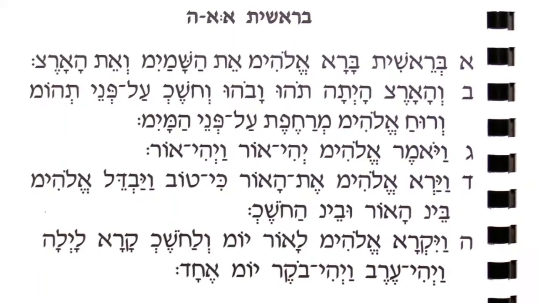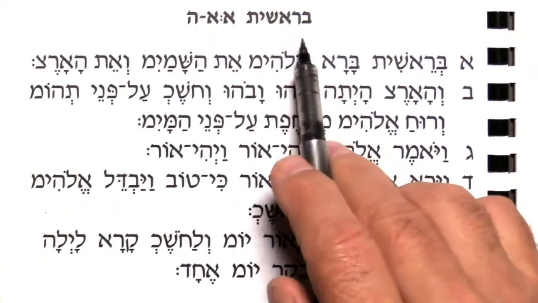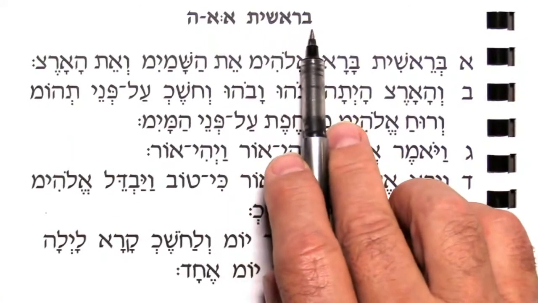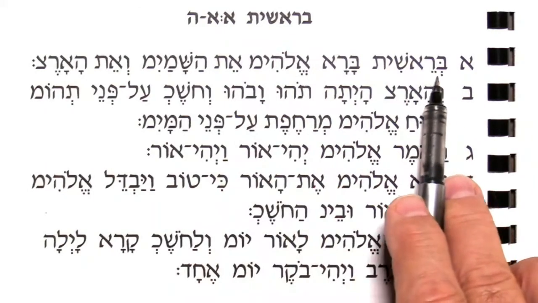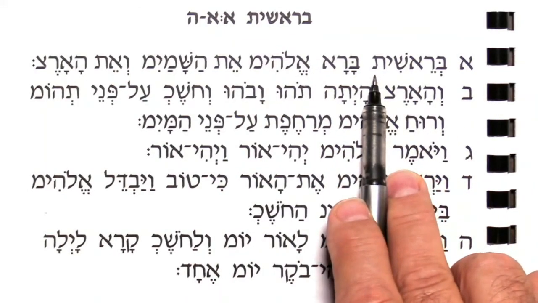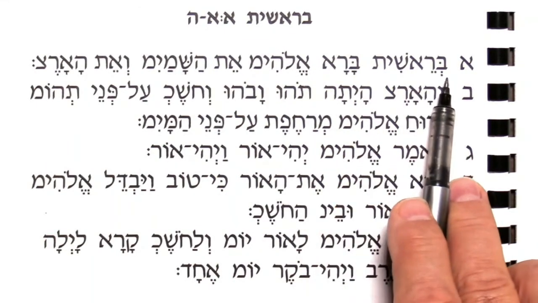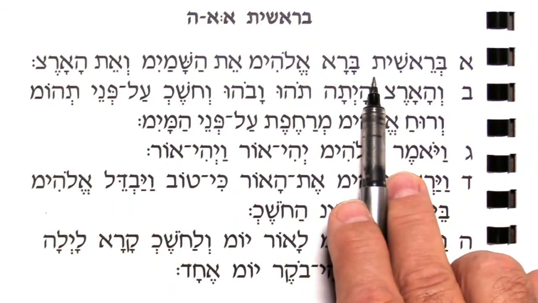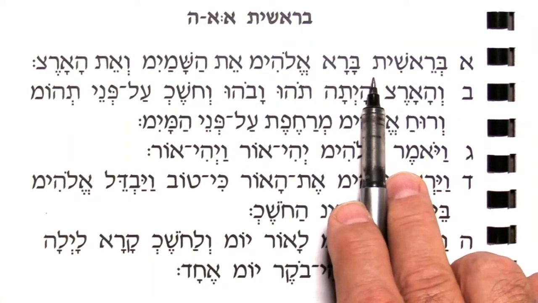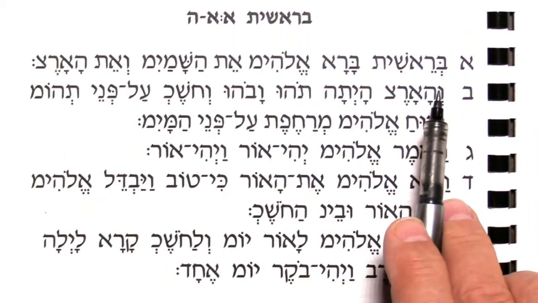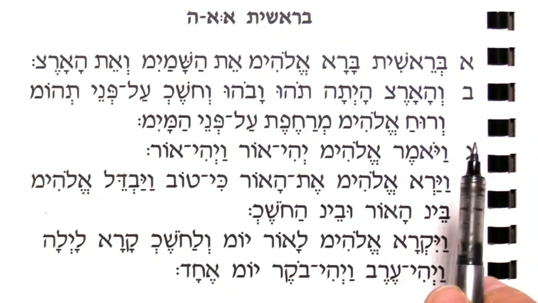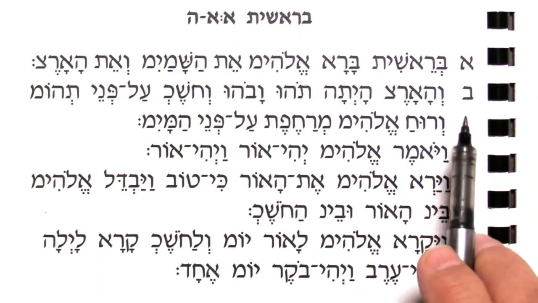But let me explain a few things. First, here in boldface you have the word Bereshit. Bereshit is the first word of Genesis. And in the Torah, the names of the books of the Torah are not Genesis, Exodus, Leviticus, Numbers, and Deuteronomy. The names are Bereshit, Shemot, Vayikra, Bamidbar, and Devarim.